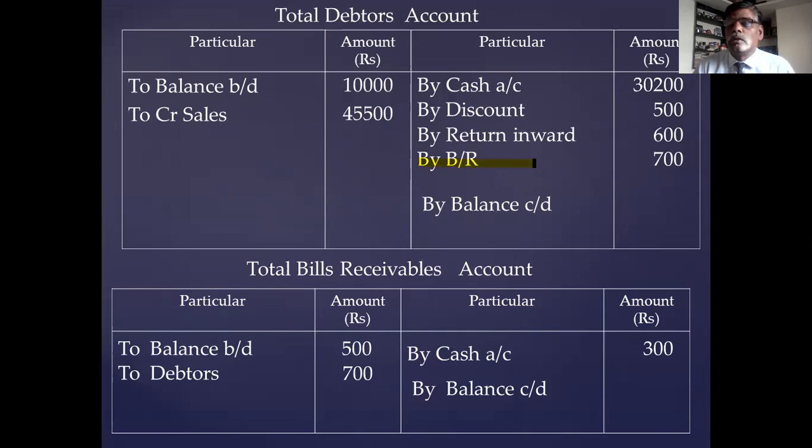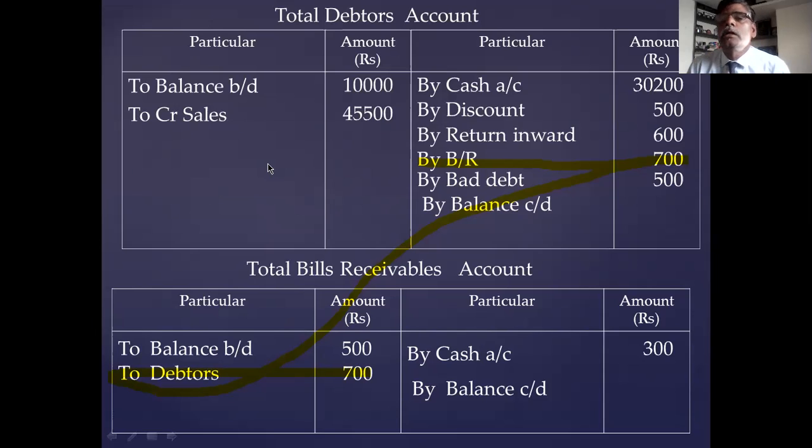Bills receivable received in the debtors account goes to the bills receivable account as to debtors. This point you remember. And next item is bad debt. To bad debt, amount is 500. These are the items collected from the third part. The first part regarding debtors is completed.